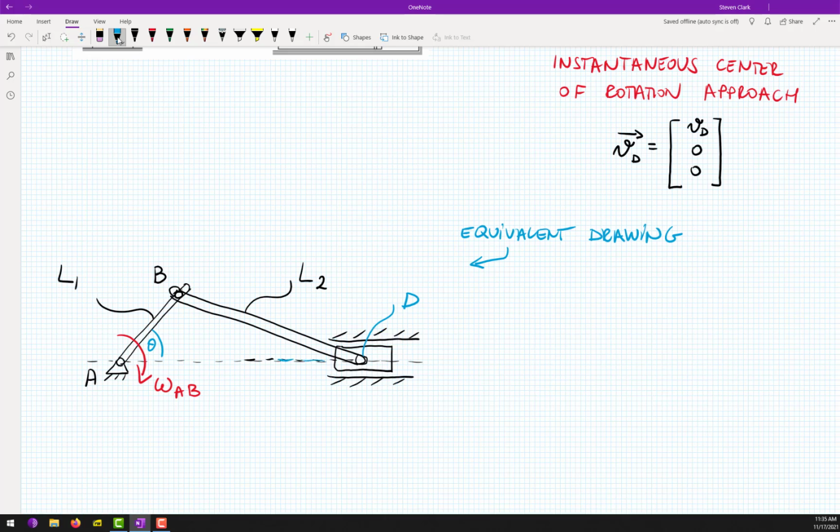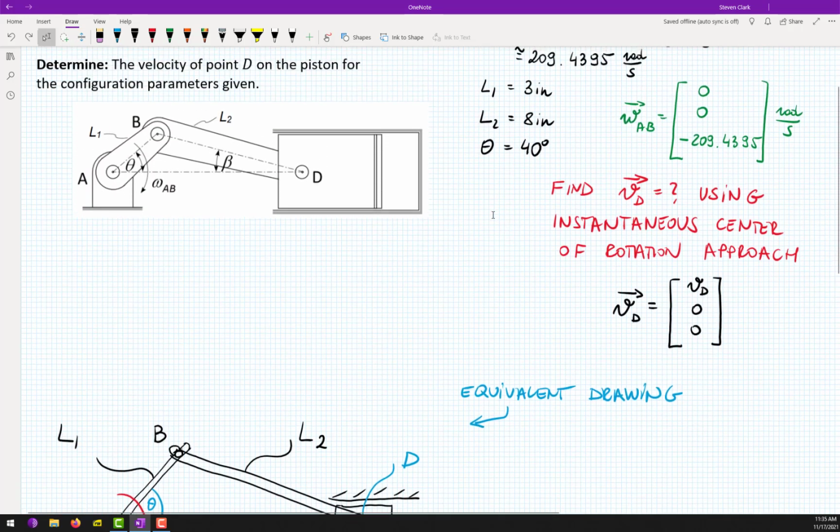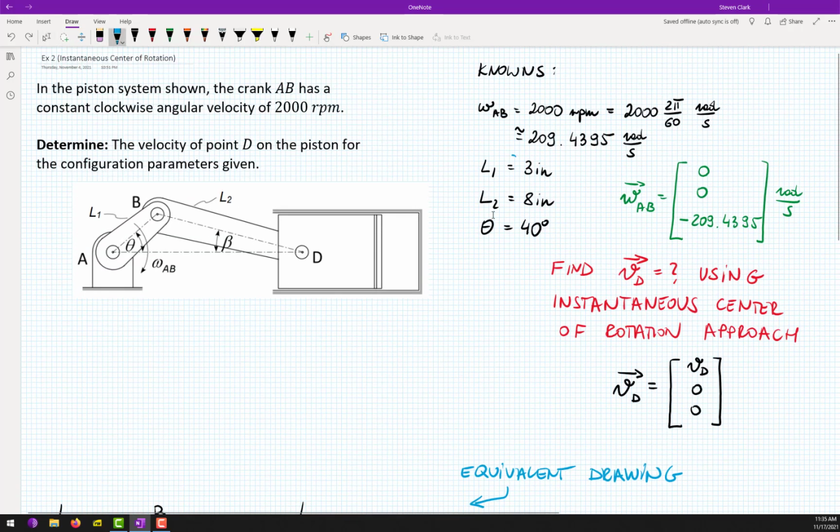It can only move back and forth along the horizontal line. What else do we know? We know that AB has omega AB. We also know the entire geometry, and they ask us to find the velocity of this point D, this vector, VD.